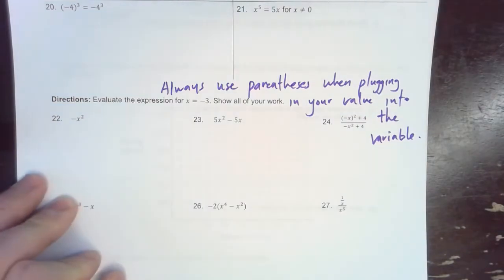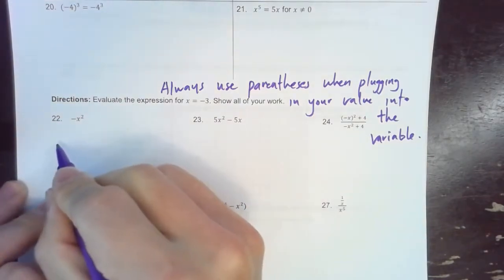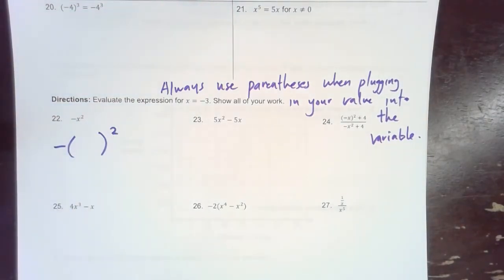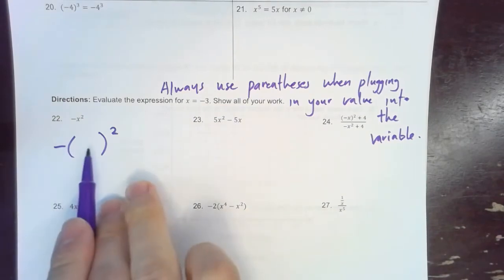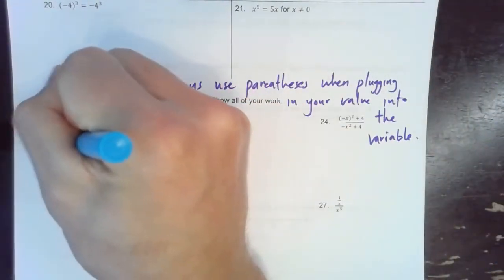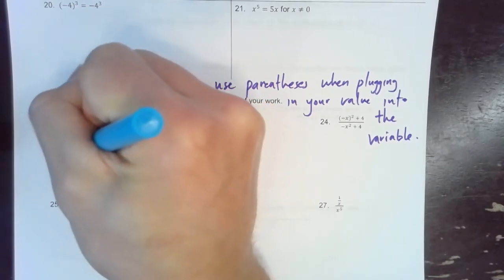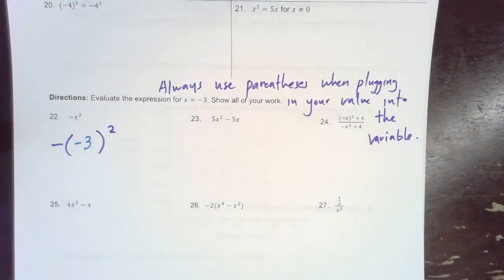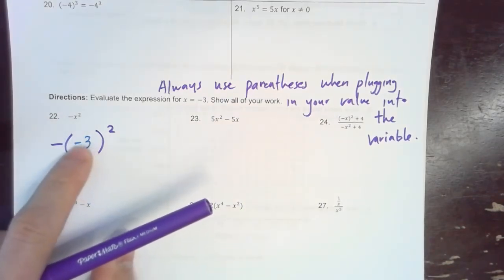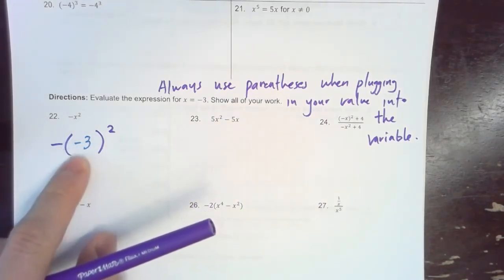So 22 says negative x squared. Okay, really, negative x squared is this class. That's all it's saying. It's saying negative whatever your x is squared. Okay, so I'm now going to plug in my x and realize that my x is negative 3. Now a lot of people think that I should do the negative and the negative 3 to make that positive 3.